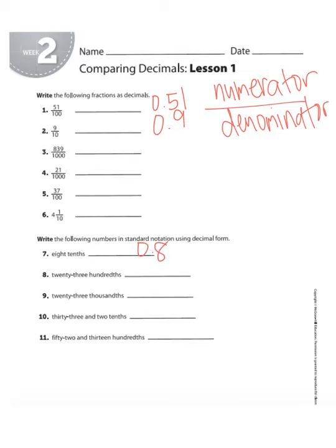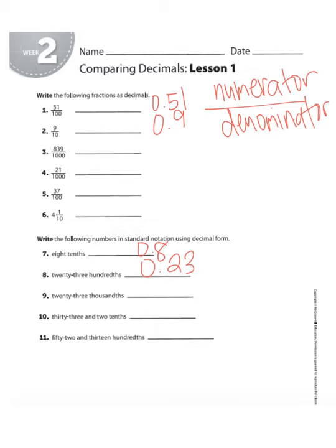So 8/10 is going to be 0.8 because 8 is in the tenths place value. Number 8, 23 hundredths. So I'm going to have two places after my decimal here. This would be 0.23. So that reads 23 hundredths. If you notice, you don't see the word and, so nothing is going to come before my decimal point.